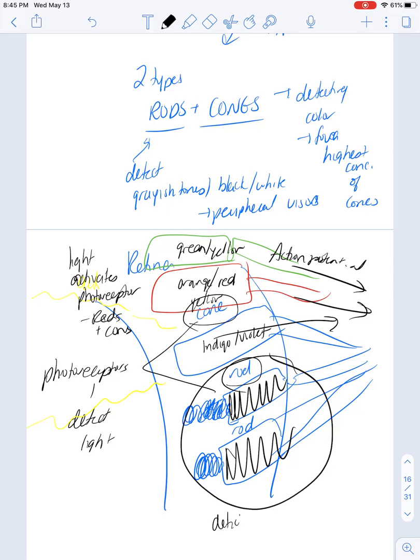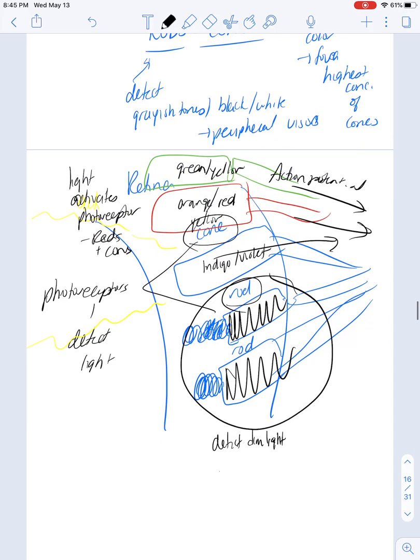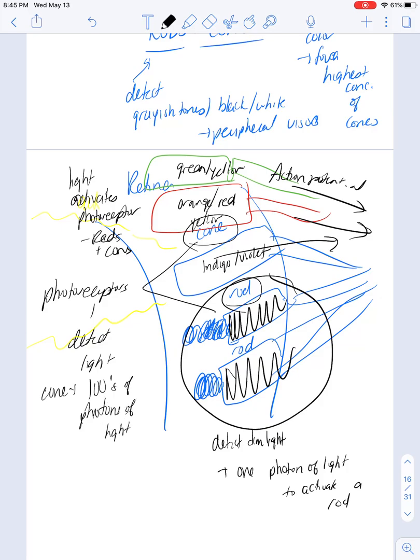Now the rods are different because they're very sensitive, so they detect dim light. When I say they're really sensitive, I mean it takes a single photon of light to activate a rod, whereas it takes hundreds of photons of light to activate a cone.